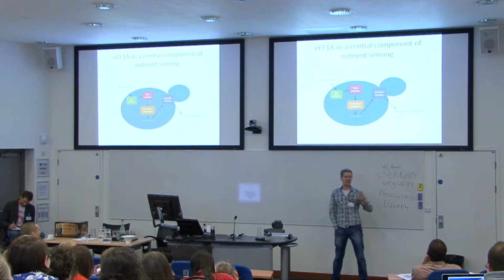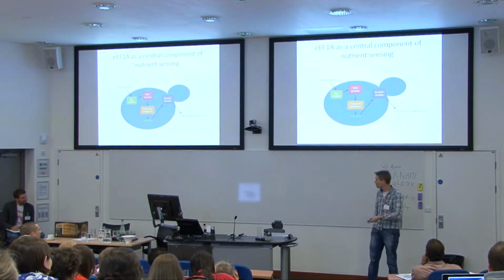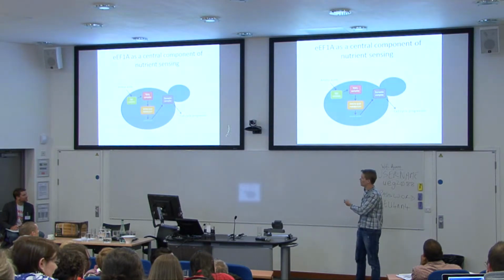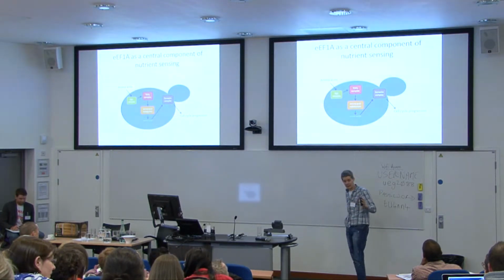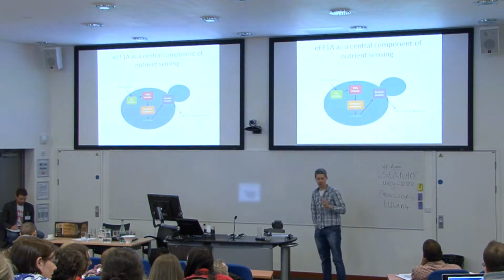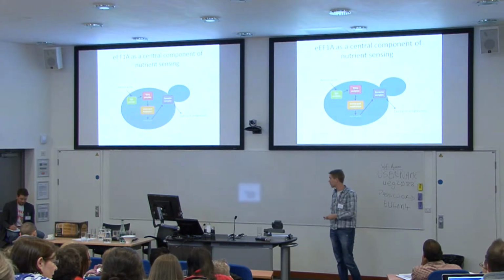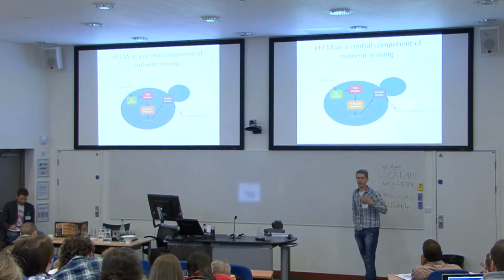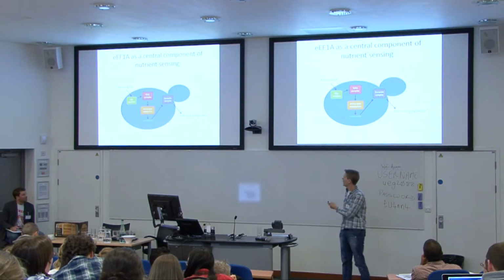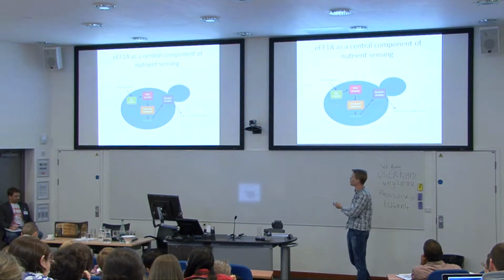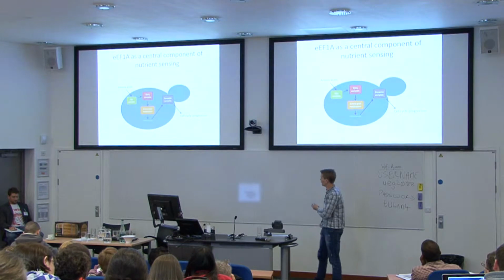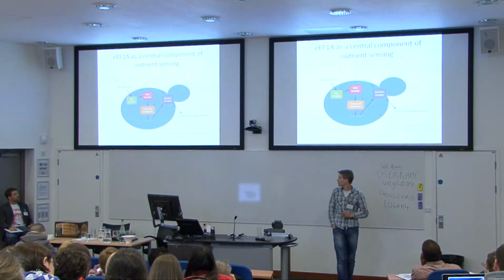So what is this actually doing in the cell? In a happy wild type cell, this is a highly simplified schematic, so bear with me if I've missed out some components or whatever. The cell is able to sense its nutrients in the environment, and this is signalled by the TOR pathway, and this promotes cell growth, and the cell cycle progresses quite happily.